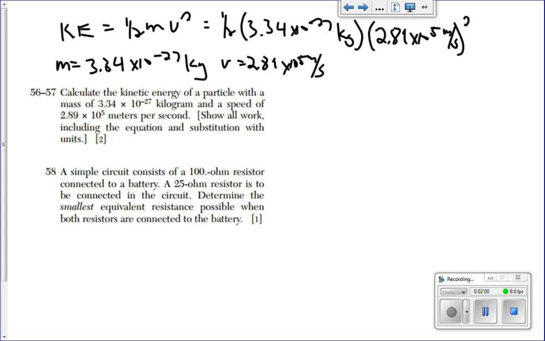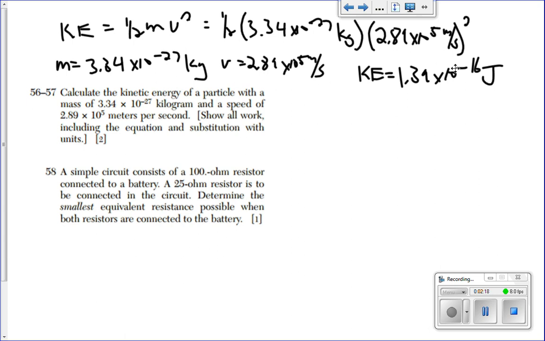And looks like our kinetic energy is very small. So KE equals 1.39 times 10 to the negative 16th joules.